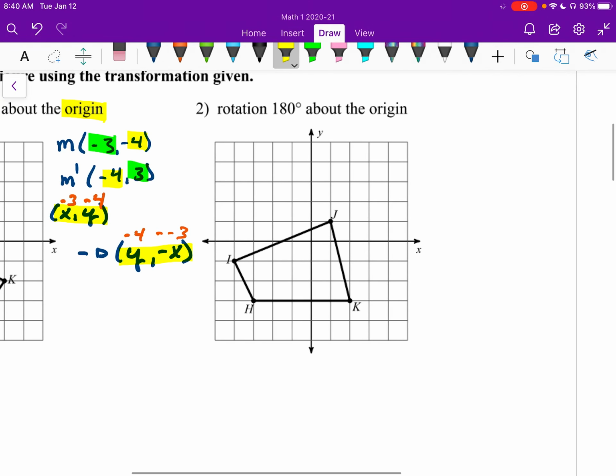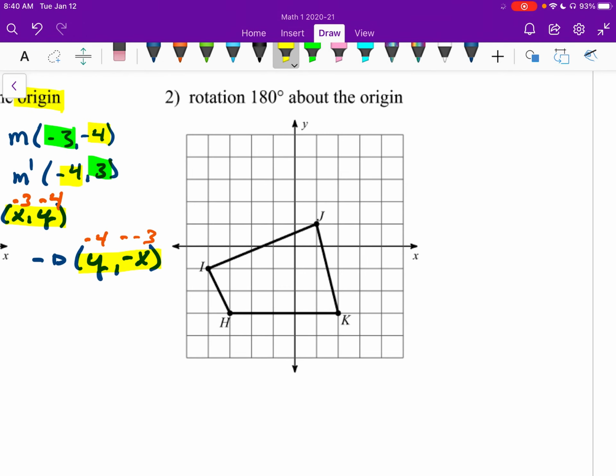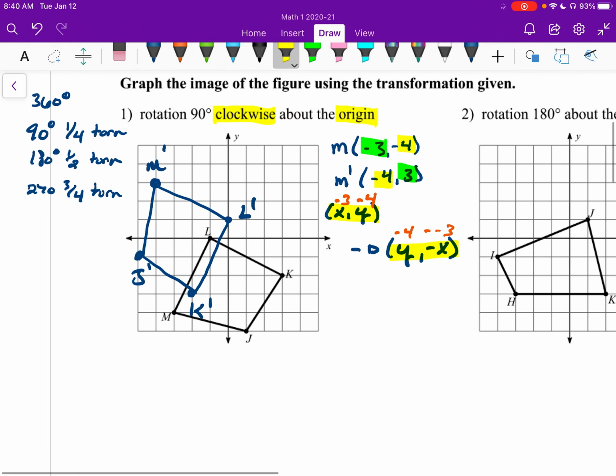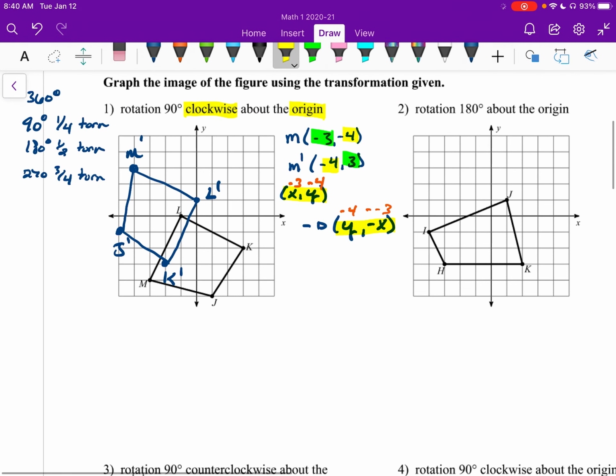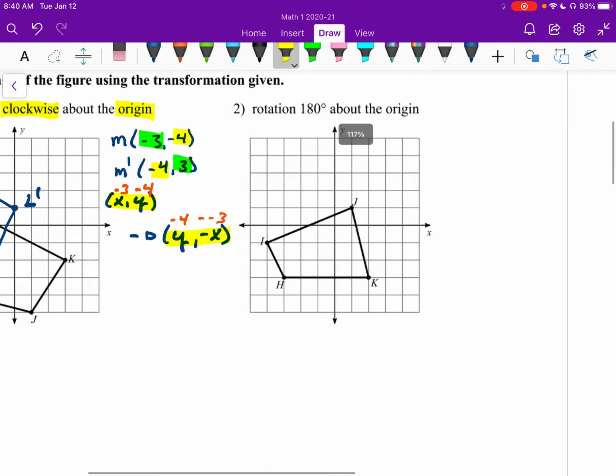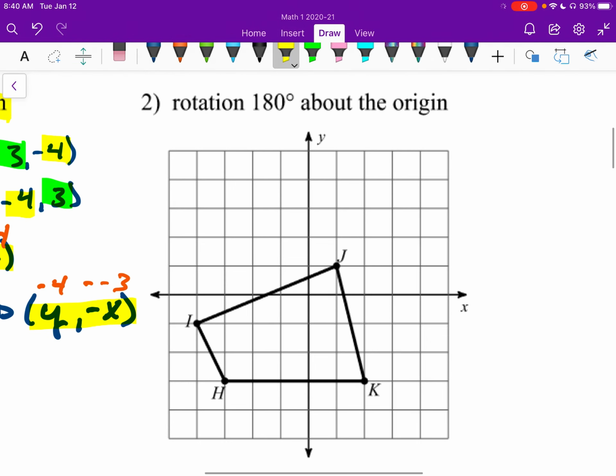Number 2, 180 degrees about the origin. Well, we already said over here that 180 degrees is a half turn, right? So it doesn't really matter if we're going clockwise or counterclockwise because a half turn clockwise is the same thing as a half turn counterclockwise. Normally, whenever I think about them, I still think about clockwise. I think about it going that way.